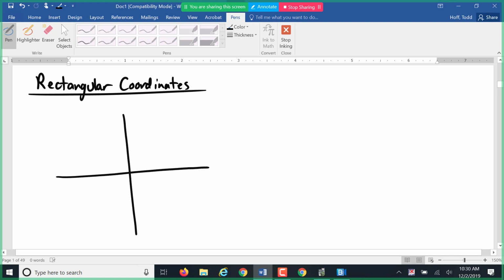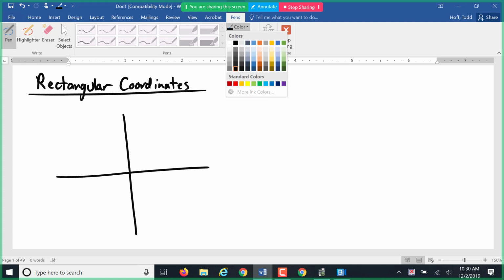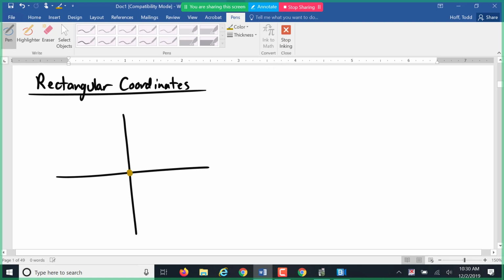And of course, that starting point was the origin. So everything in a rectangular coordinate system starts from the origin. And if I give you a point, 3, 7, that means that from that origin, we go over 3 units horizontally, and then vertically 7 units, that's our point.